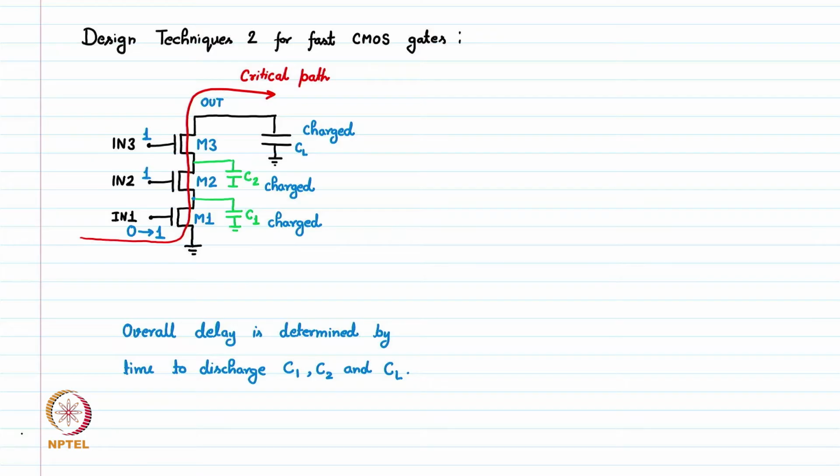So, if I draw the same circuit, but now rearranging the transistor ordering, this is the load capacitor.